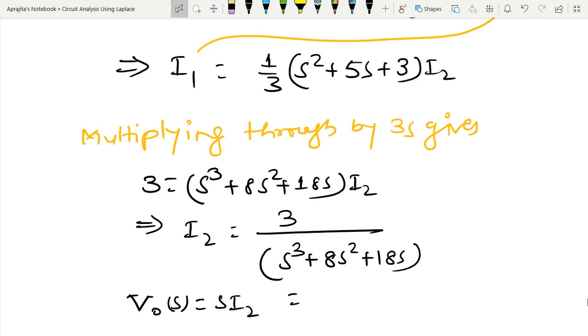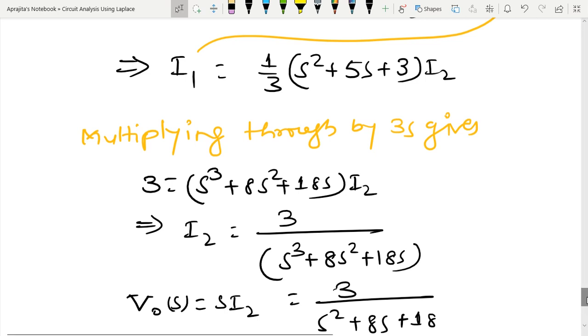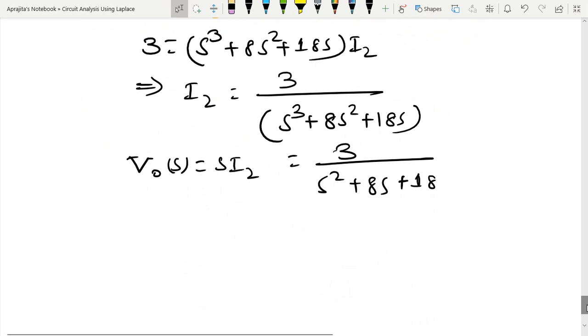Now I am going to remove s from the denominator, so I have an expression like this, and after that I have to take the inverse Laplace transform.